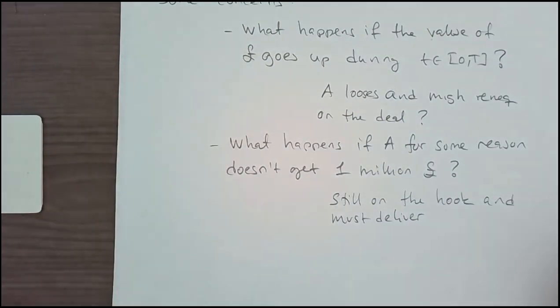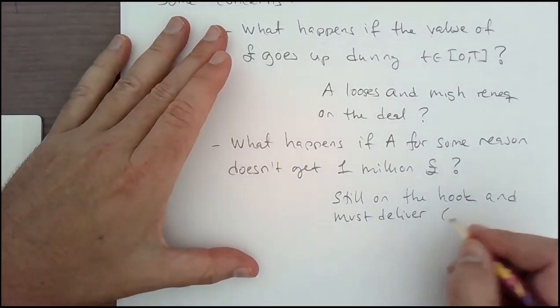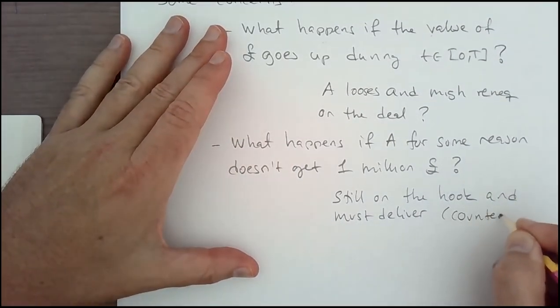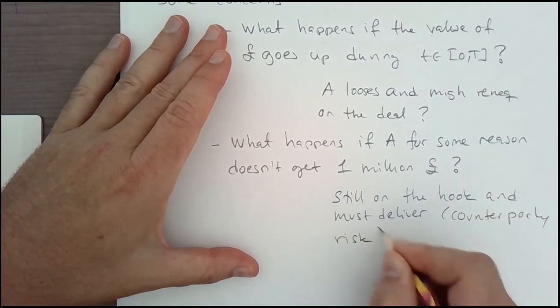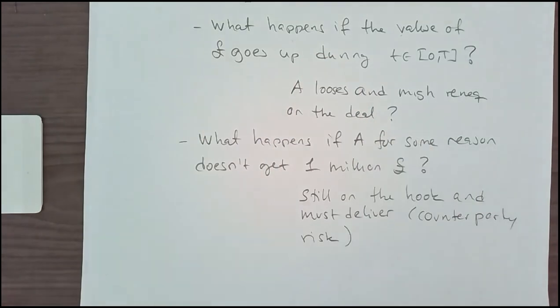This is also a problem, right? This here is counterparty risk. He thought that he would get that 1 million pounds from whatever company he has struck a deal with in England.